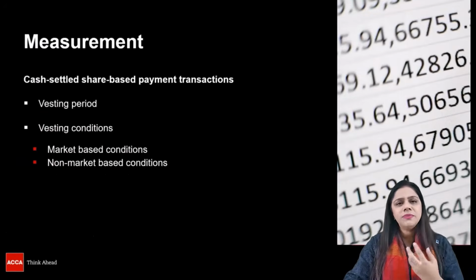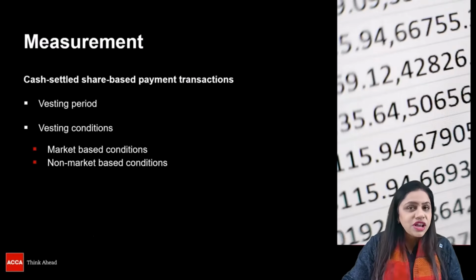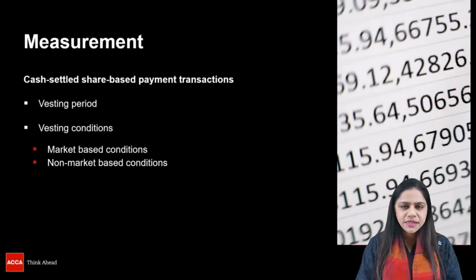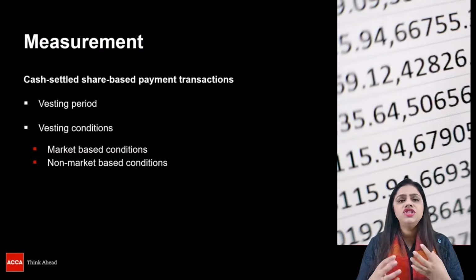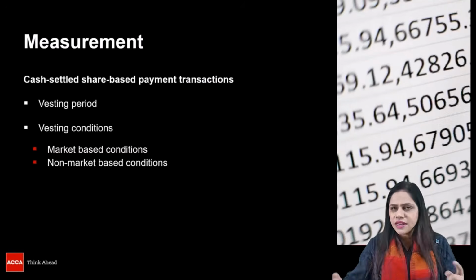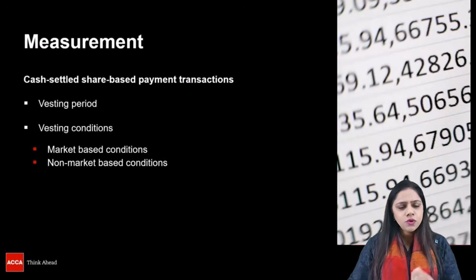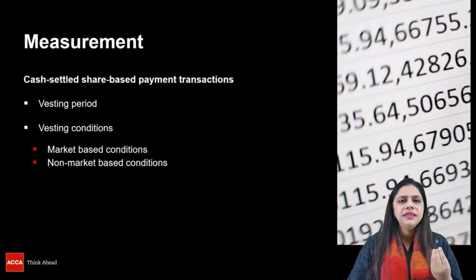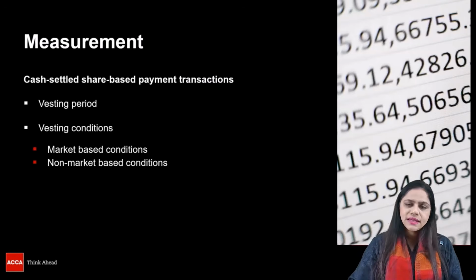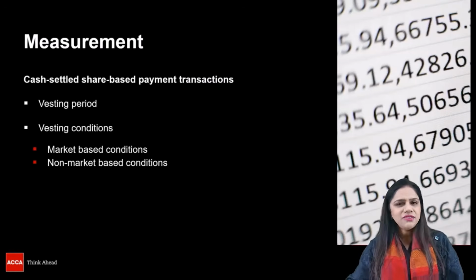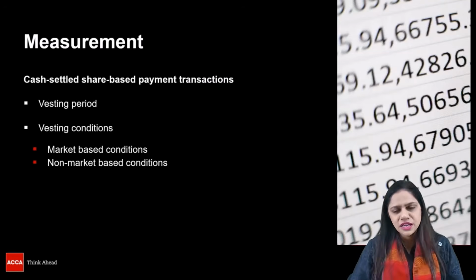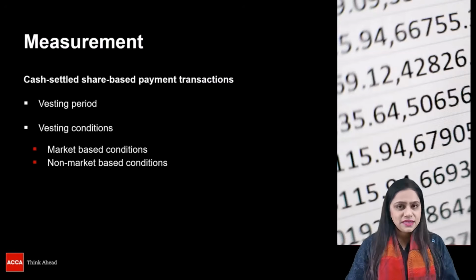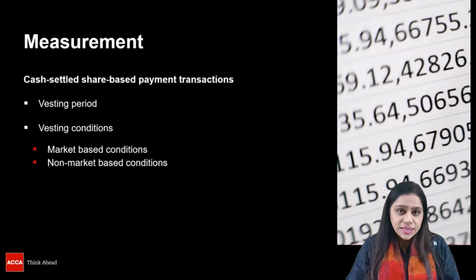Also, we talked about these critical terms, which are vesting period and vesting conditions. Now, what is the vesting period? Vesting means that some conditions are attached and there is a time period. So let's suppose today I make a commitment that I'm going to issue certain equity instruments after my employees provide me 3 years of services. So today, when I am making this commitment, this is my grant date, right?